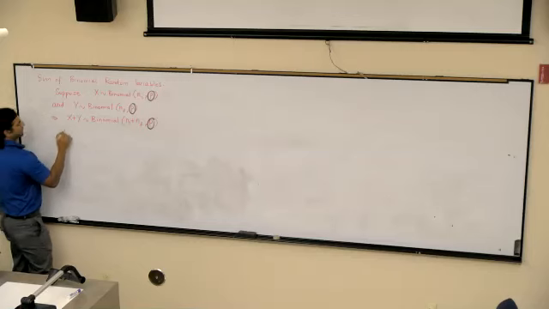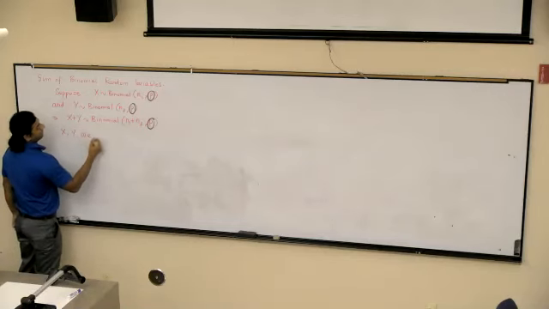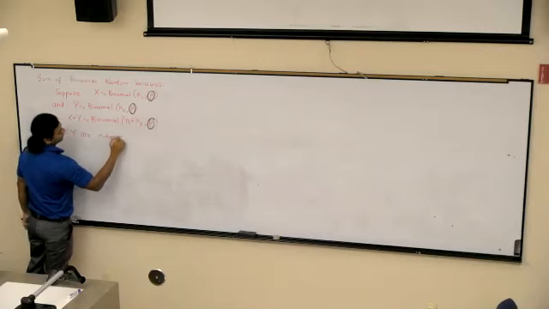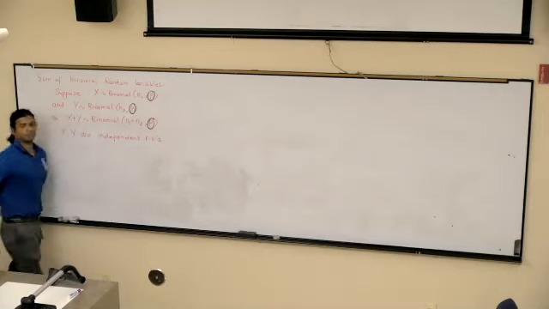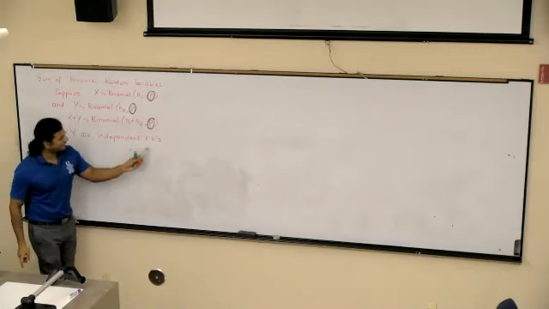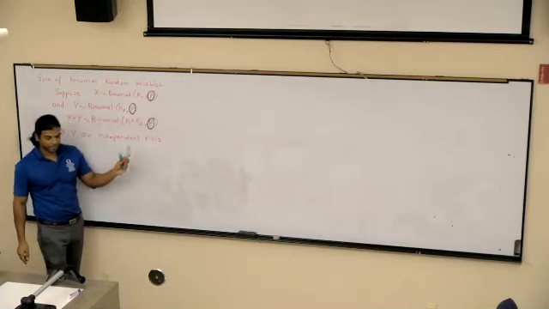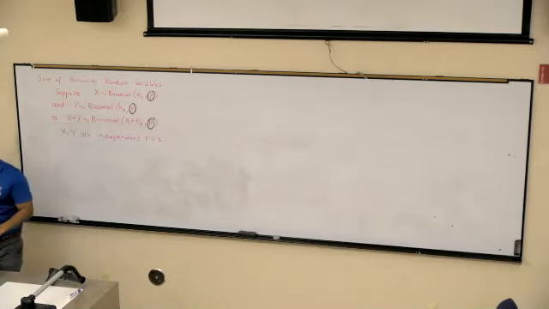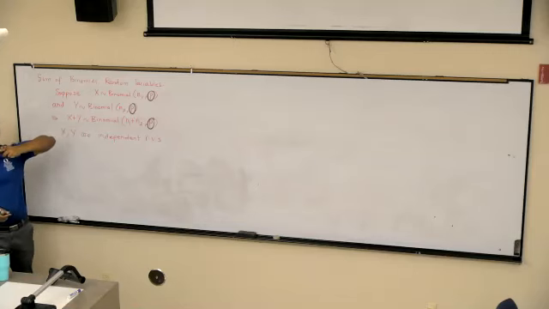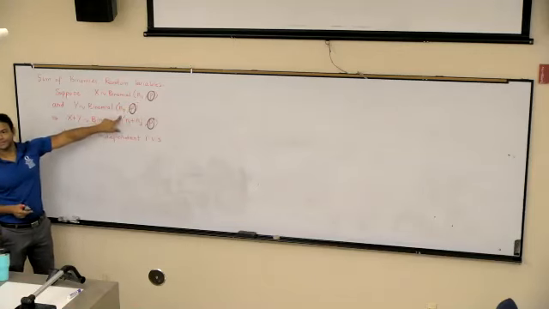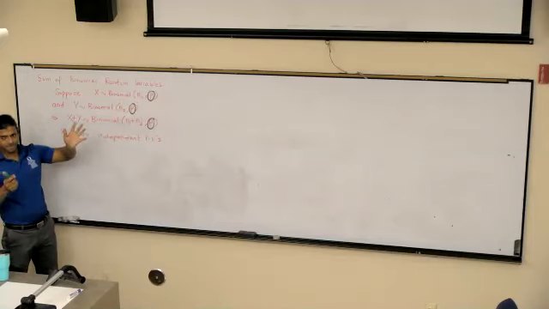Second, X comma Y are independent random variables. RVs doesn't mean recreational vehicle, a random variable. So they are independent, but they're not identical because n1, n2, right?